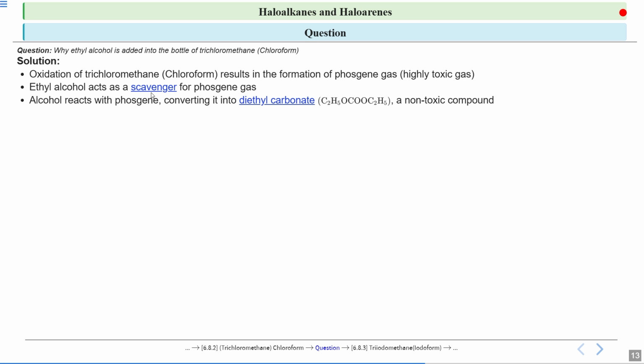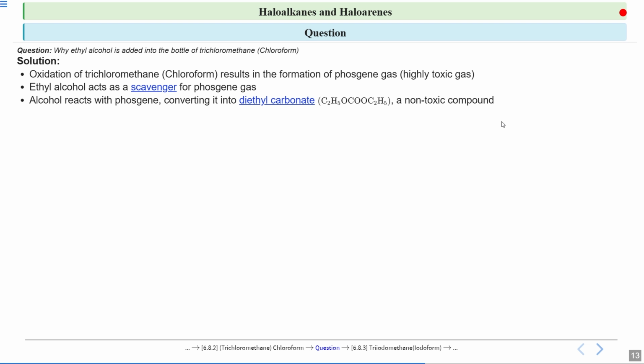Alcohol will react with the phosgene and convert it to diethyl carbonate, which is a non-toxic compound. If there is any contact of chloroform with the air, what will happen? The formation of phosgene gas, a highly toxic gas, will carry on.